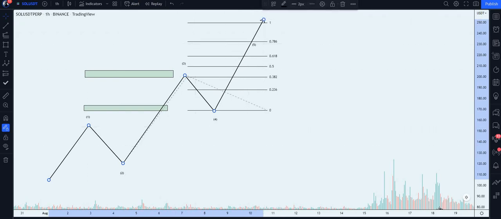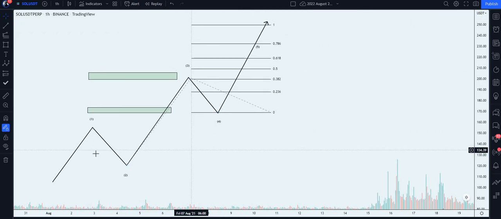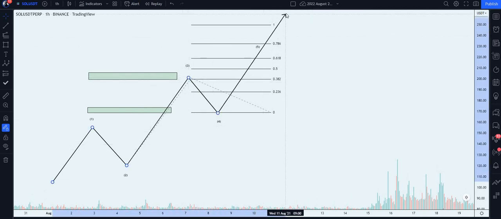However, take into consideration when you're doing your Elliott wave count that your wave 3 is oftentimes the longest wave, but it is never the shortest. So if the fifth and final wave is very, very long, you just have to look at the length of your wave 1 and your wave 3 and make sure that this is not the shortest wave, otherwise your Elliott wave count could be off.